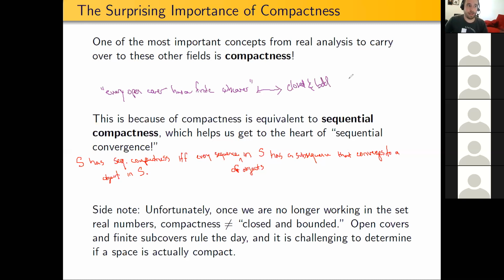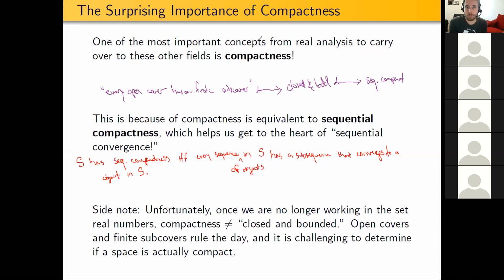Right, so every open cover has a finite subcover. We saw that was true if and only if the set was closed and bounded. And then what we've just seen is that that was true if and only if the set was sequentially compact, whose definition is just written below, that every sequence has a subsequence that converges to an object in the set.